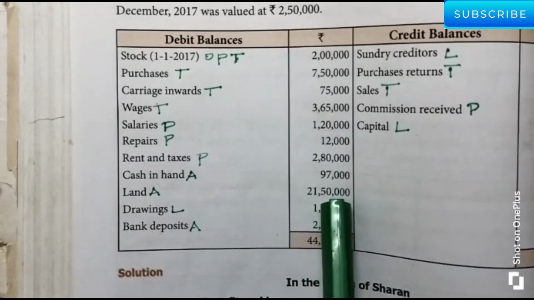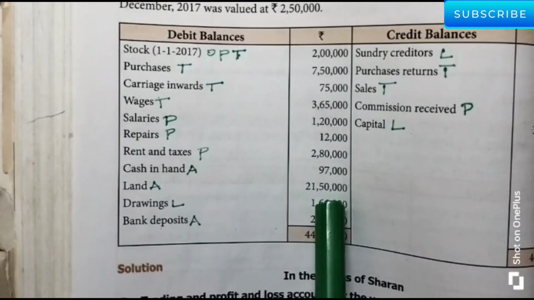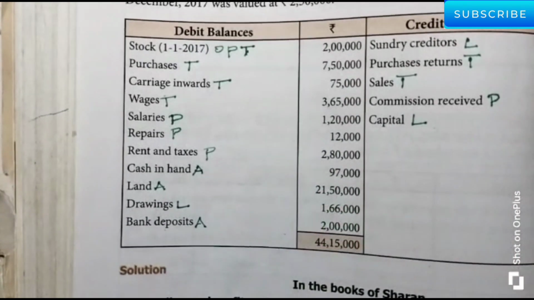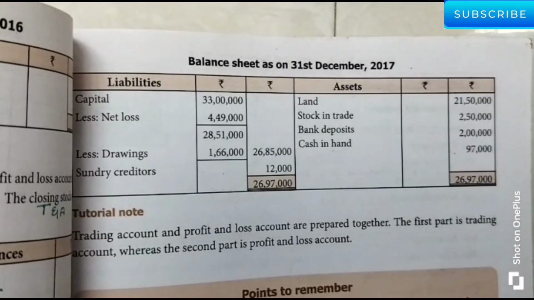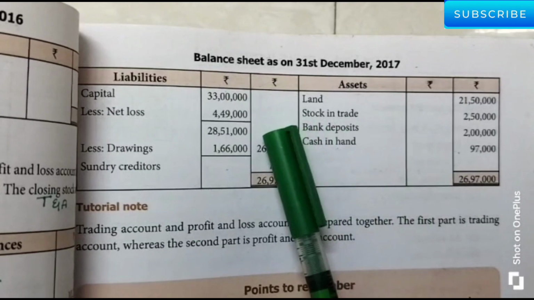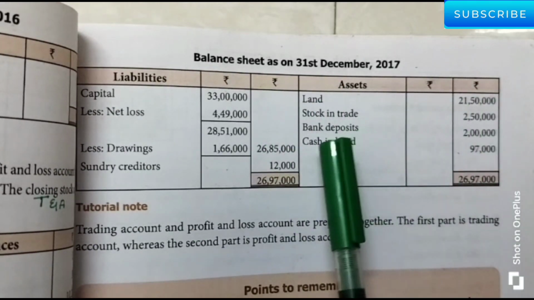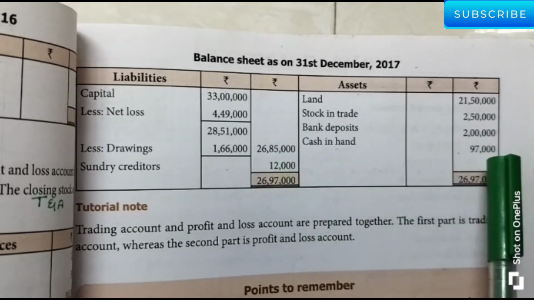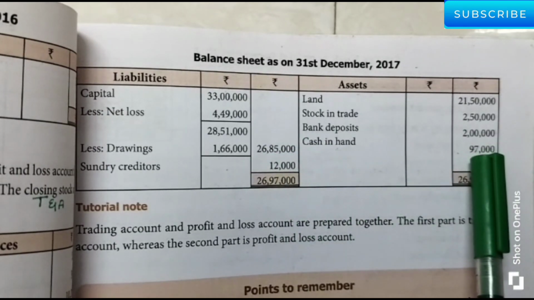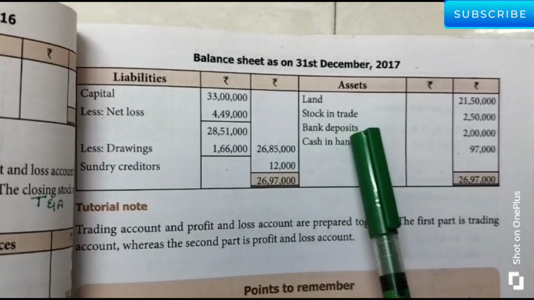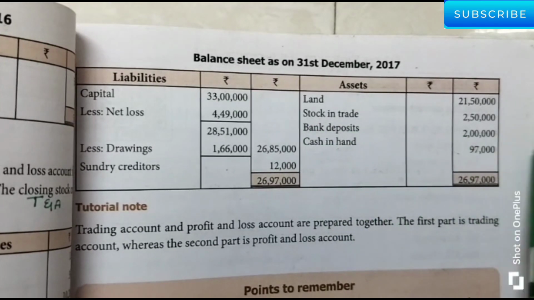Land 21,50,000 rupees we have to enter on the asset side of the balance sheet. So on the asset side we entered land 21,50,000 rupees, cash in hand 97,000 rupees, and bank deposit also 2 lakhs rupees.